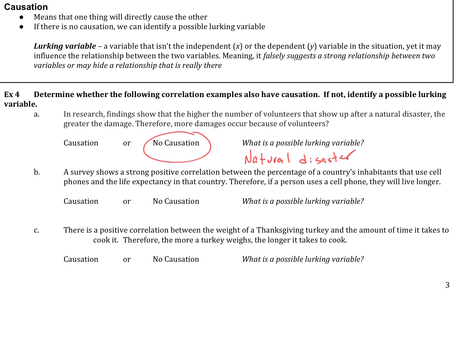Now B, a survey shows a strong positive correlation between the percentage of a country's inhabitants that use cell phones and the life expectancy in the country. Therefore, if a person uses a cell phone, they will live longer. Again, obviously, no causation. And in this case, the lurking variable is how developed that country is.